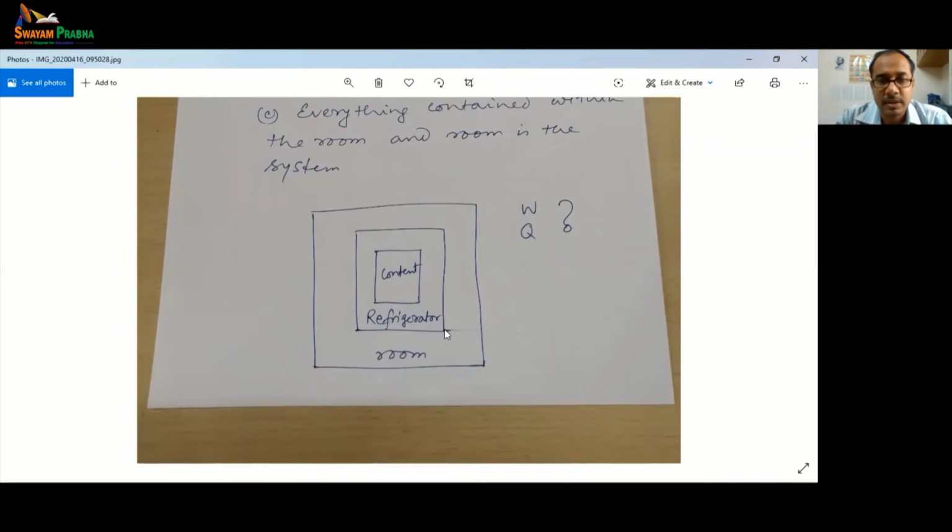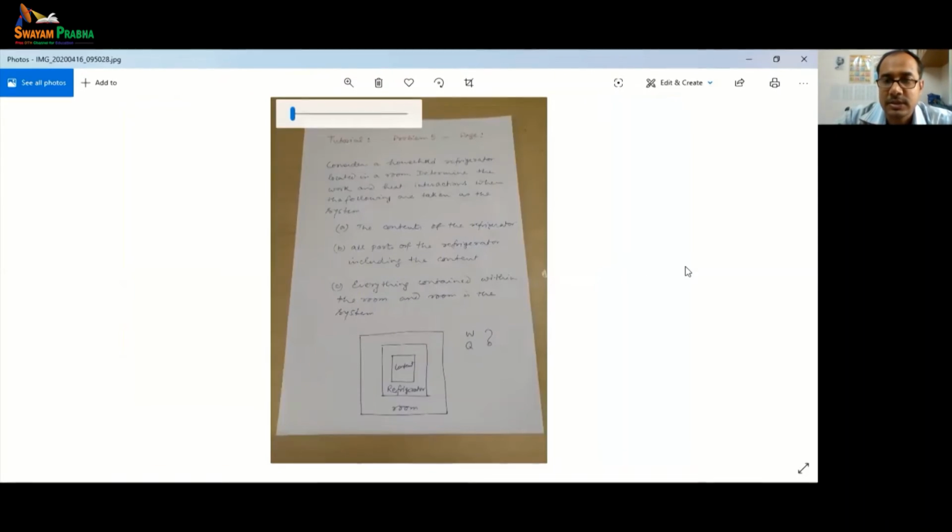And the room which contains the refrigerator, that's the third case, where we are defining our system to be the room. Now you have to find out what are the work and heat interactions for each of these cases. Basically it's a conceptual problem, not a numerical problem. Let's see how to understand this.